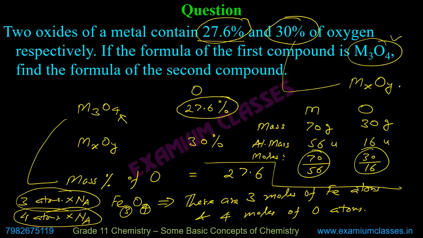Yes, given mass divided by molar mass. This is the value of X, this is the value of Y. Whatever you get, we need the simplest ratio of 70 by 56 and 30 by 16. I'm just writing again: MxOy, 70 gram, 30 gram, 56u, 16u, moles.